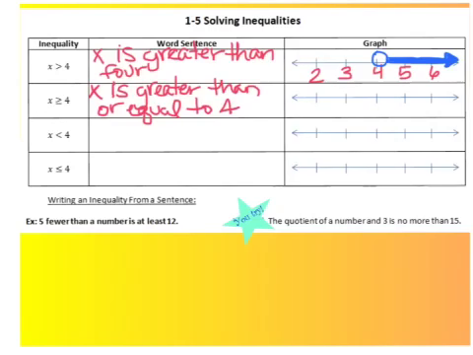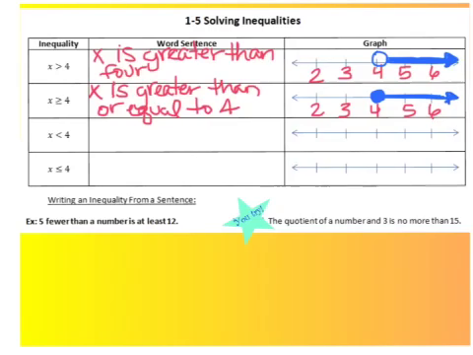So back to our number line, we're going to use those same numbers. 4 goes in the middle, 5 and 6 are greater than it, 3 and 2 are less. This time, x is greater than or equal to. So now, since it's equal to, I can have a closed circle on 4. And greater than, again, I'm going to go towards the numbers that are more than 4. So 5 and 6 with my arrow.